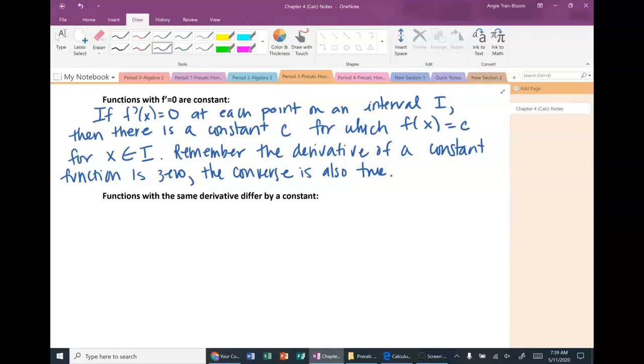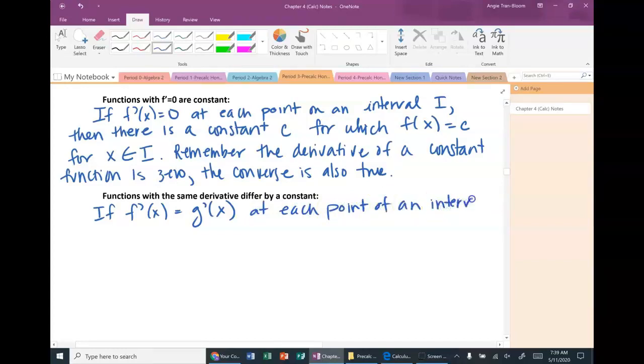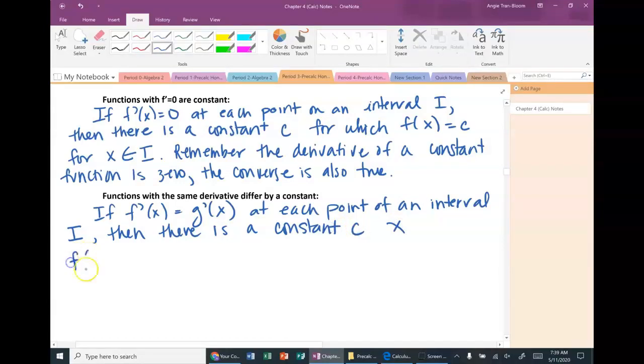So if f prime of x equals g prime of x at each point of an interval, let's call it I again, then there is a constant c such that f of x equals g of x plus c for all x in the interval I.